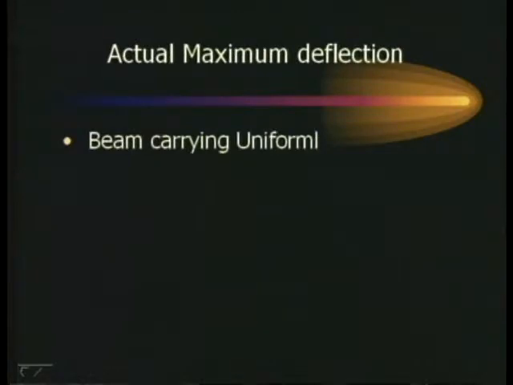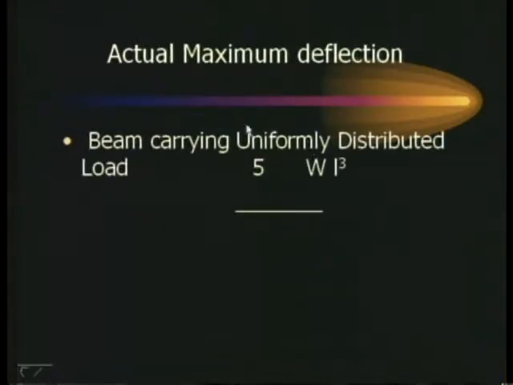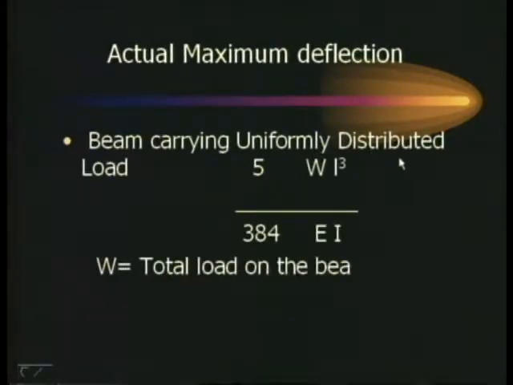So, what is the actual deflection? How do we calculate the actual deflection? See here, the actual maximum deflection in the case of a beam carrying uniformly distributed load is 5 by 384 W L cube by EI.